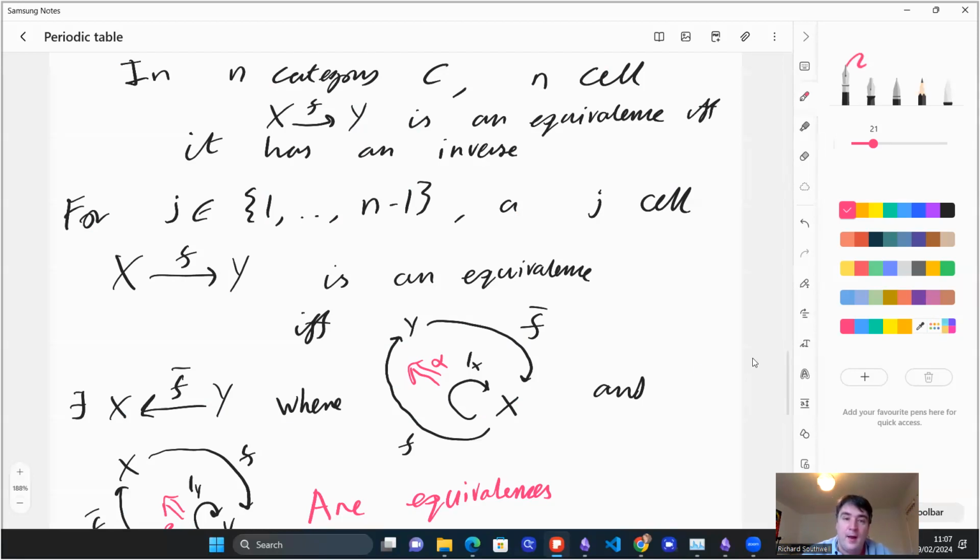So this definition makes quite a bit of sense if you start thinking about when proofs are equivalent. You could say, for example, are two arithmetic expressions equivalent? Well, maybe if you can use the laws of arithmetic to rearrange one into the other, that means they're equivalent.